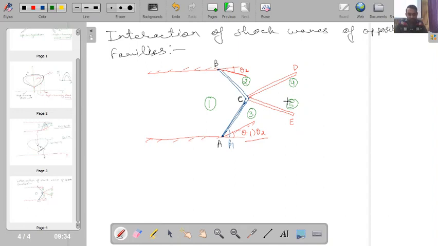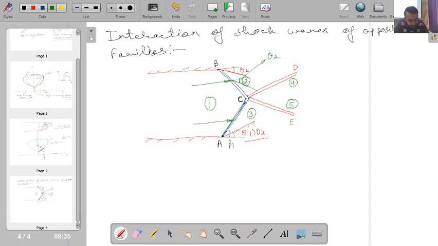Let's try to see a streamline which is coming and striking this point. Here is another streamline which is coming and striking this point. What will happen here? This will bend like this, and its deflection angle will be theta 2.